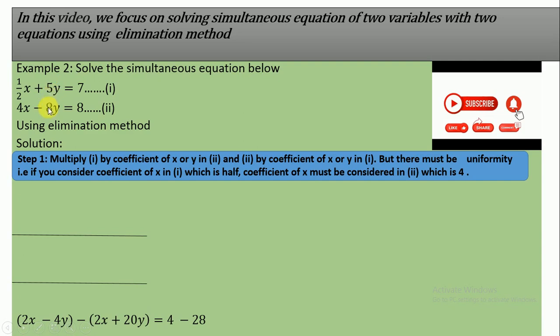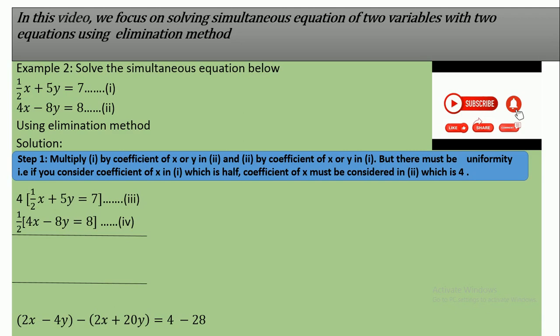You can also consider the coefficient of y in equation 2, which is minus 8. So if you are considering the coefficient of y, you will multiply the whole of equation 1 by minus 8, and you multiply the whole of equation 2 by plus 5. But in our video, we considered the coefficient of x.